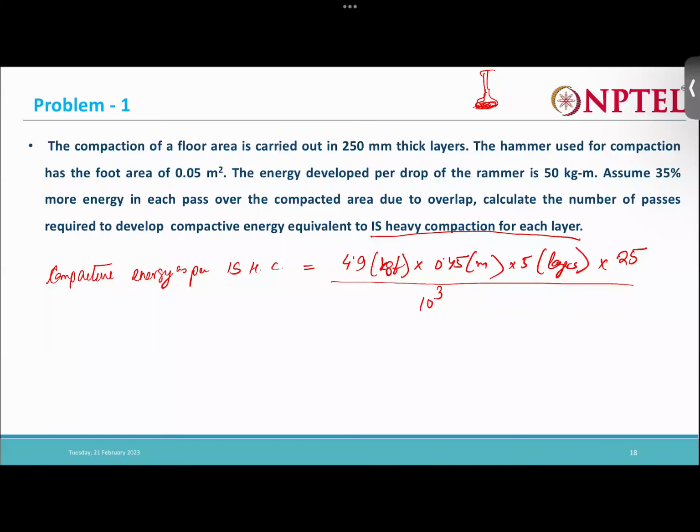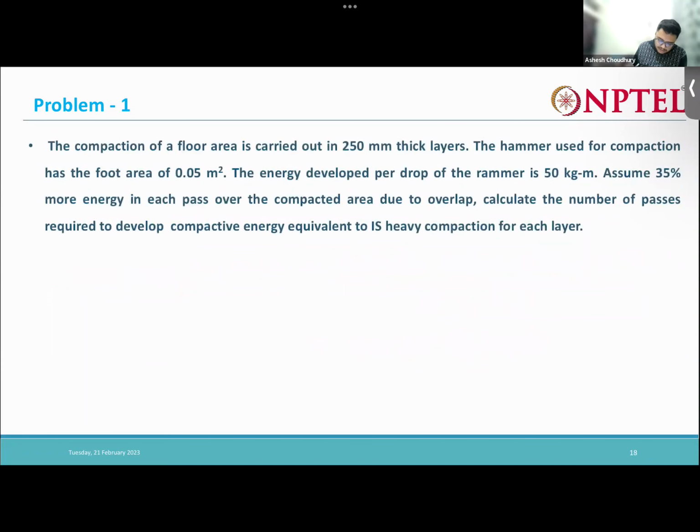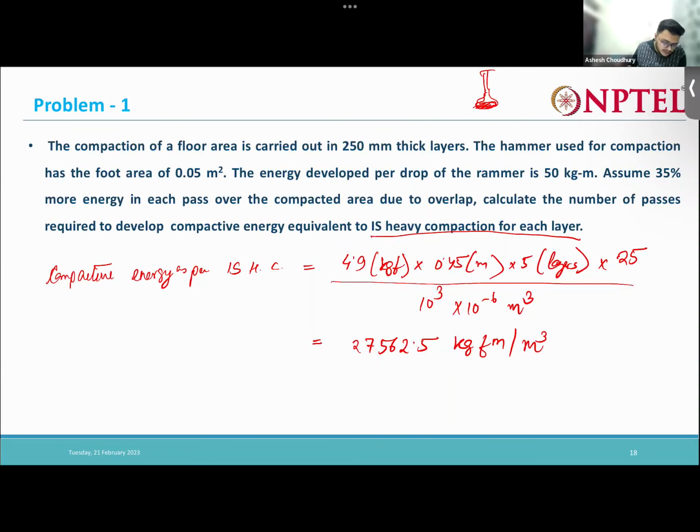So 1000 cc into 10 to the power minus 6 gives meter cube. If you do this calculation, the compactive energy will come out as 2756.25 kg force meter per meter cube. This is the compactive energy as per IS heavy compaction.